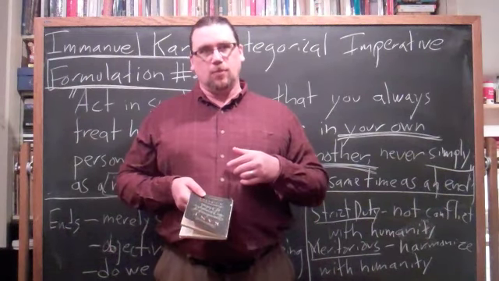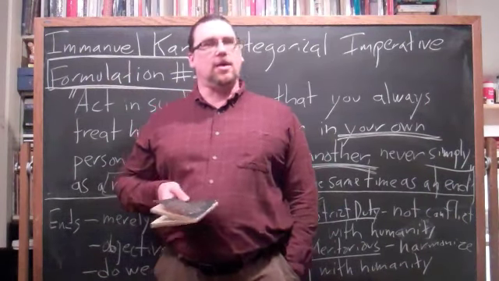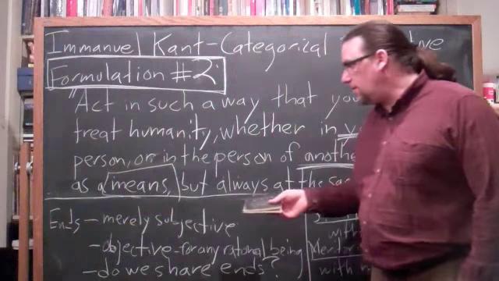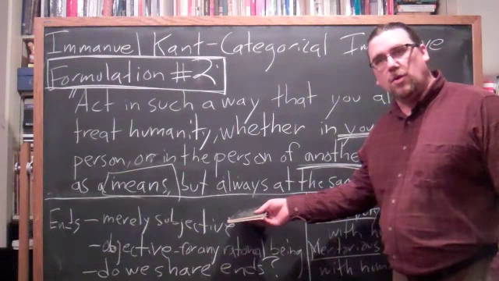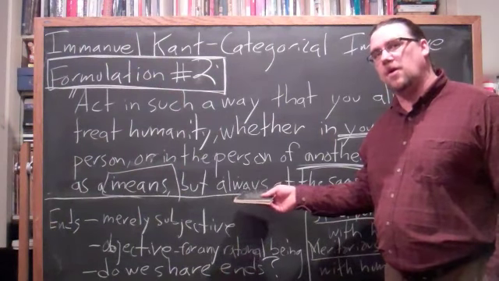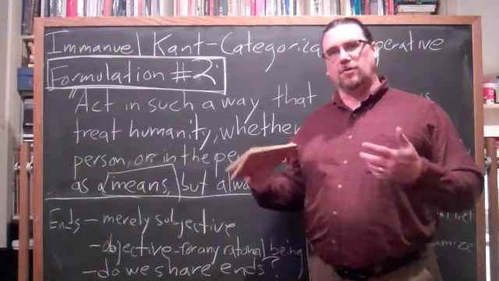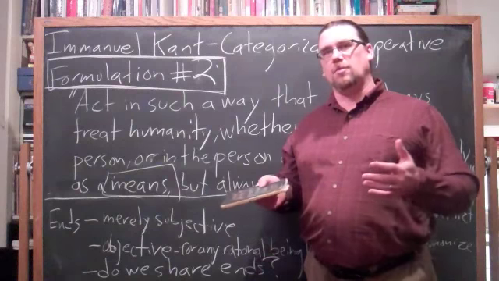So, to respect another person as an end means understanding that they not only have subjective ends of their own, which may not map onto mine, which probably actually don't map onto mine. Insofar as our ends, our goals, our desires are merely subjective, they're probably not in complete alignment.